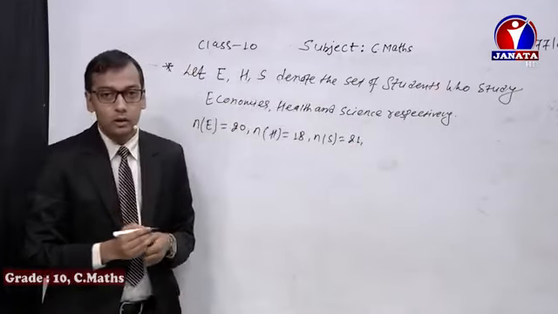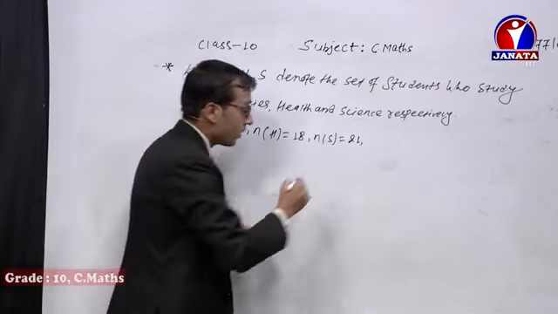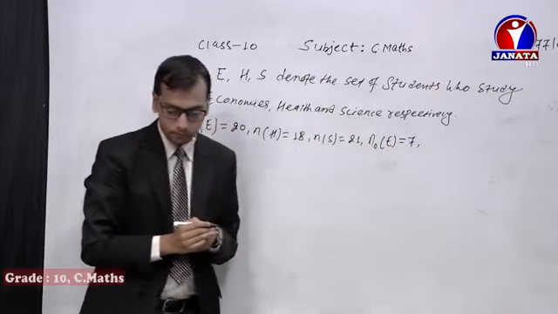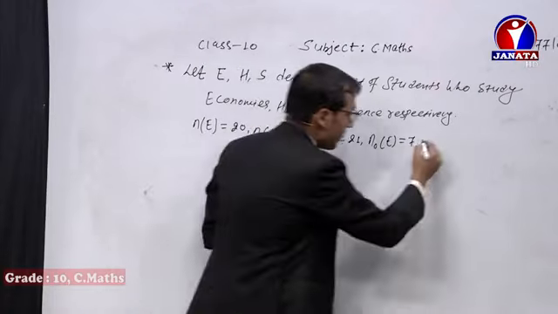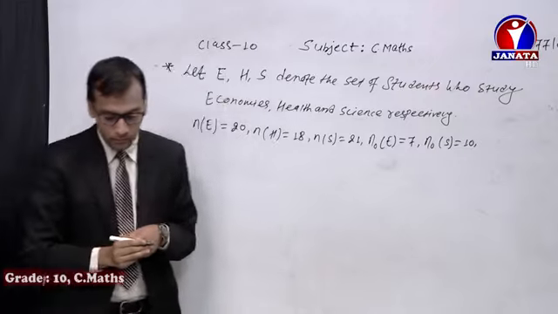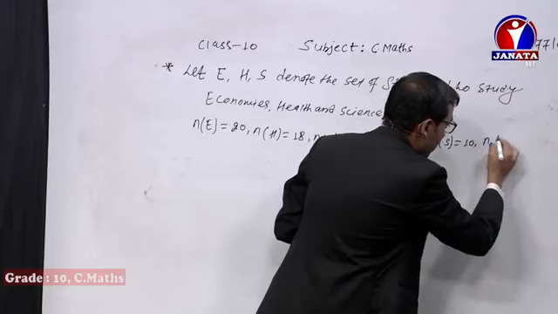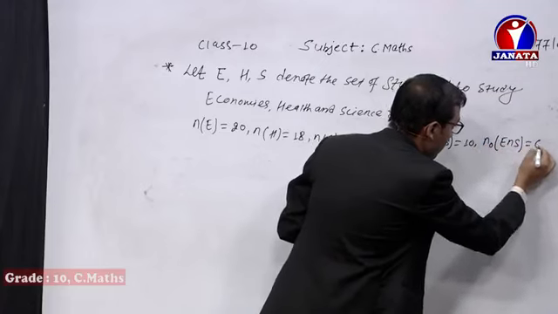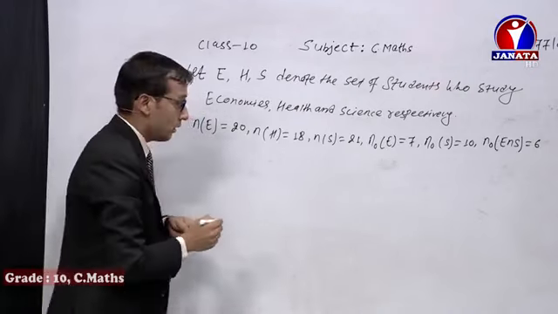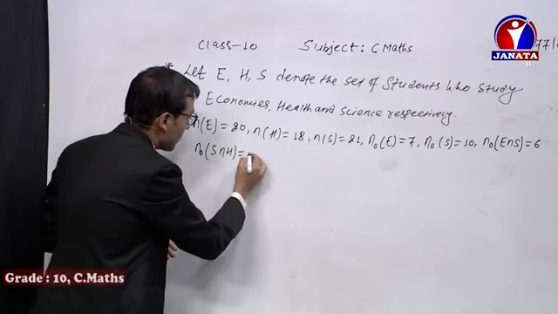Similarly, there is some other information given. 7 study economics only, so N only E is 7. 10 study science only, so N only S is 10. 6 study economics and science only, so N only economics and science is 6. 3 study science and history only, so N only science intersection H is 3.